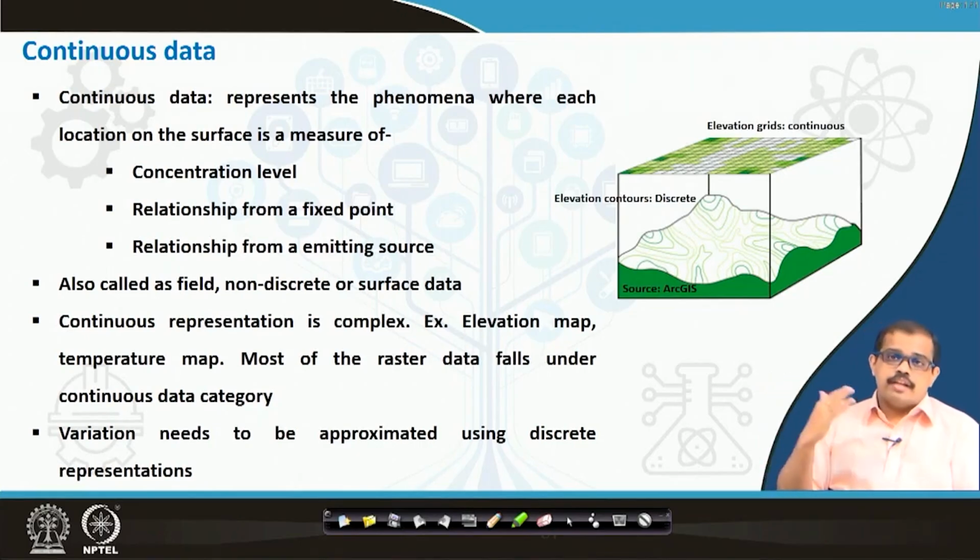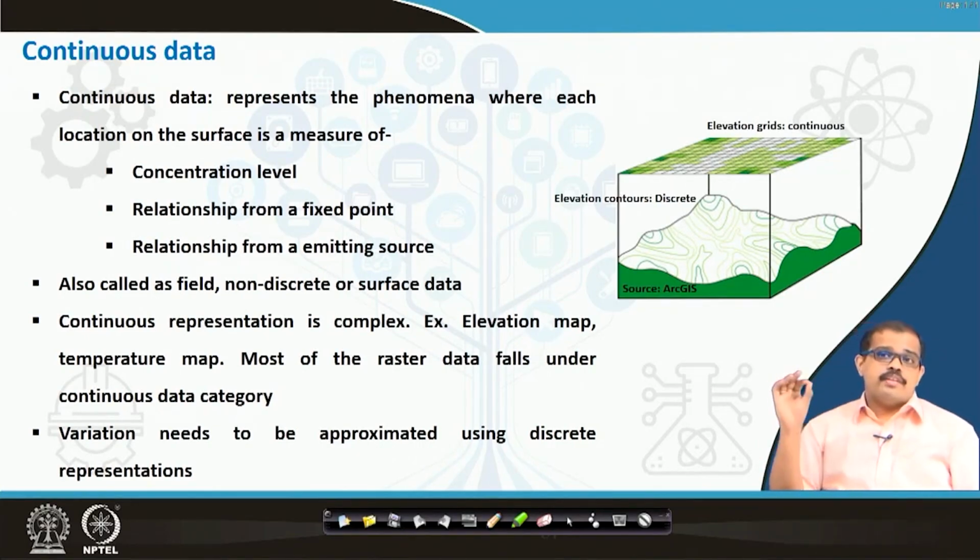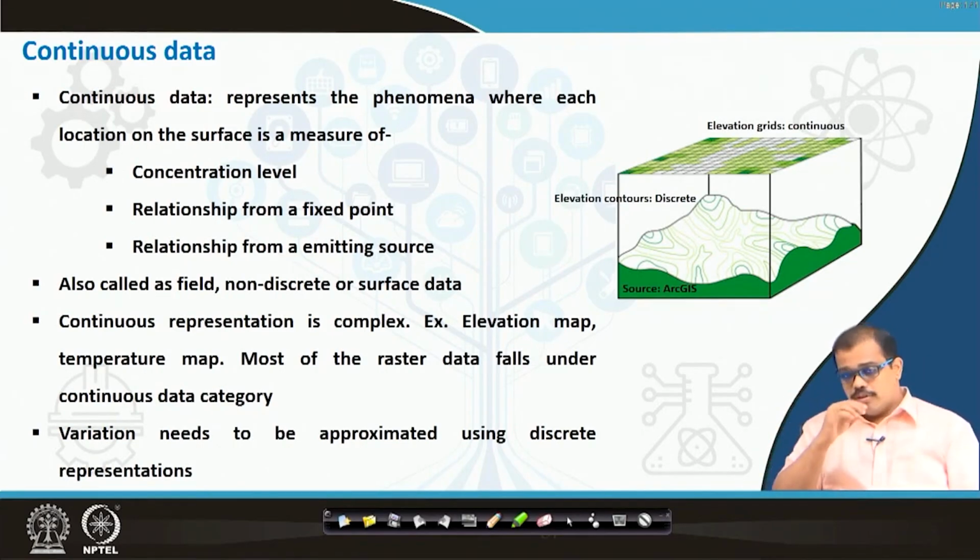It can be any kind of thing. If you are looking at remote sensing data, it can be a relationship with the emitting source, because the amount of light that is reflected back, once you remove all other interferences, and actually reaches the sensor is the amount of energy that is recorded as a value in a pixel.